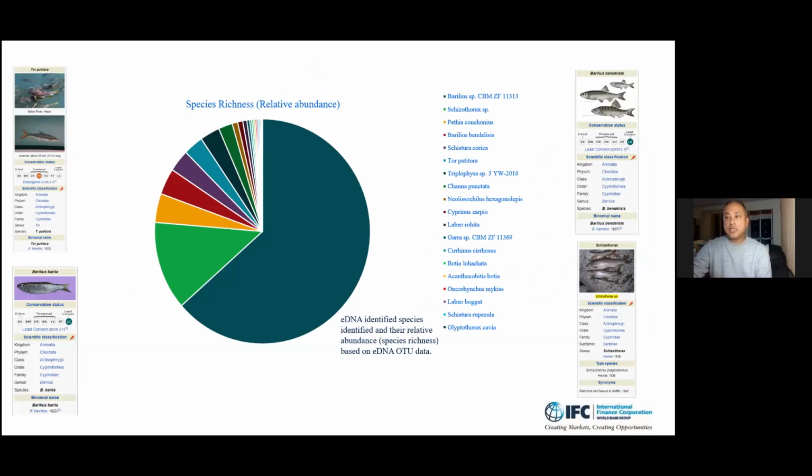For eDNA, we go through a massive amount of data, pull it together, run it through a bioinformatics pipeline, and then identify the different species. For example, for Tuturas, these are the regular fish that we saw in eDNA, and they also match the caught species.